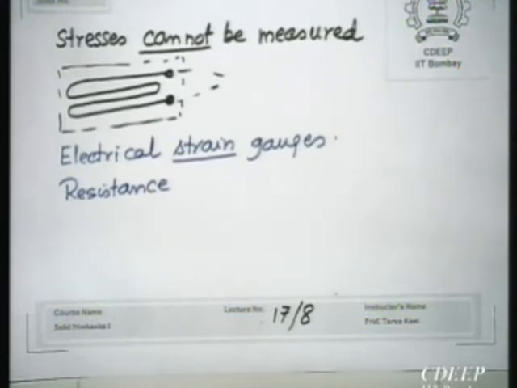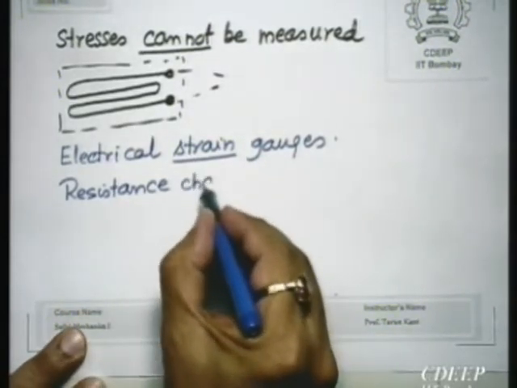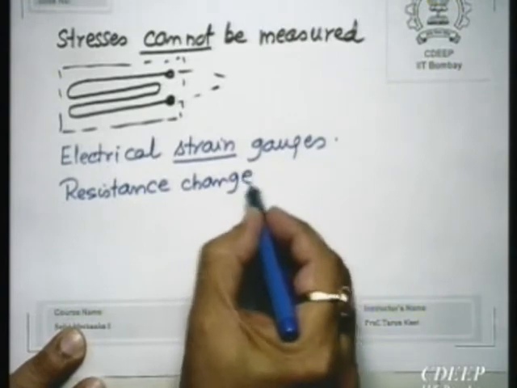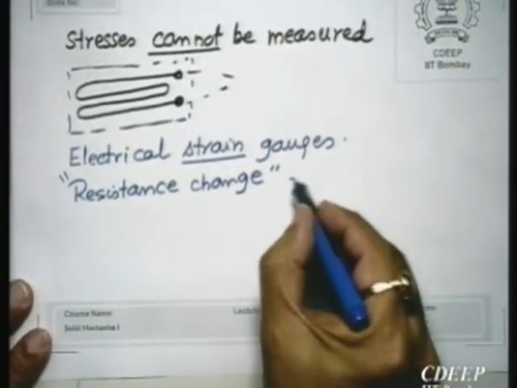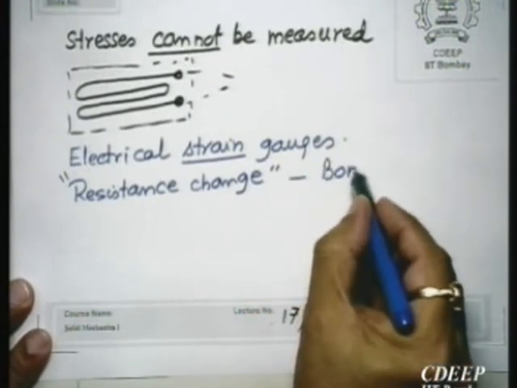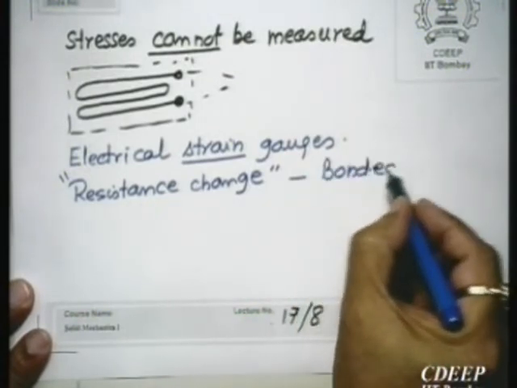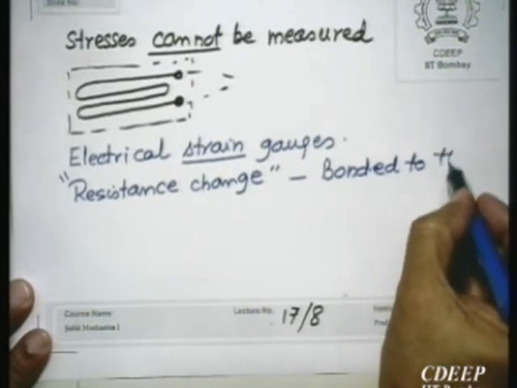So the current is changed, and the instrument measures the change in current, which is calibrated to the strain. So strain and electrical current are related. It is based upon the change in resistance of this due to displacement, and they are bonded type. They have to be bonded to the surface.